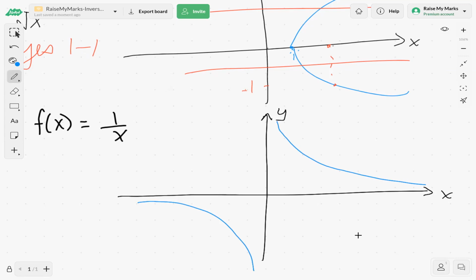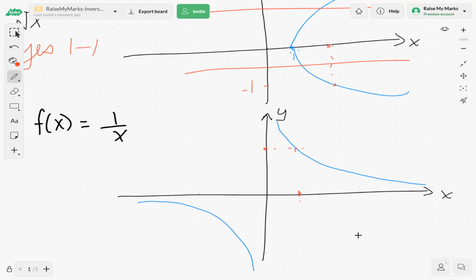Now again, is our function one-to-one? Let's have a look. For any y value, is there a single x value that maps to it? If we go over to a particular y value and we go over to our function, we find that there's a single x value that maps to it.